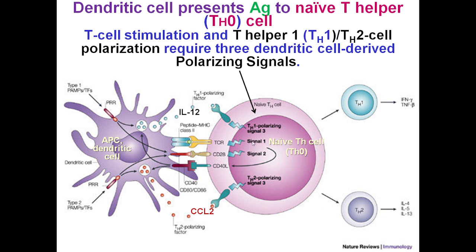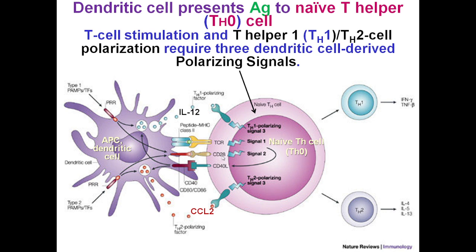How are these signals realized? Three types of signals activate the naive T helper cell. First signal is the signal from interaction of the T cell receptor, specific interaction to the antigenic microbial peptide presented by the MHC molecule exposed on the surface of the antigen presenting cell. First signal, recognition of antigen. Second signal, signal generated by contact of co-receptors.